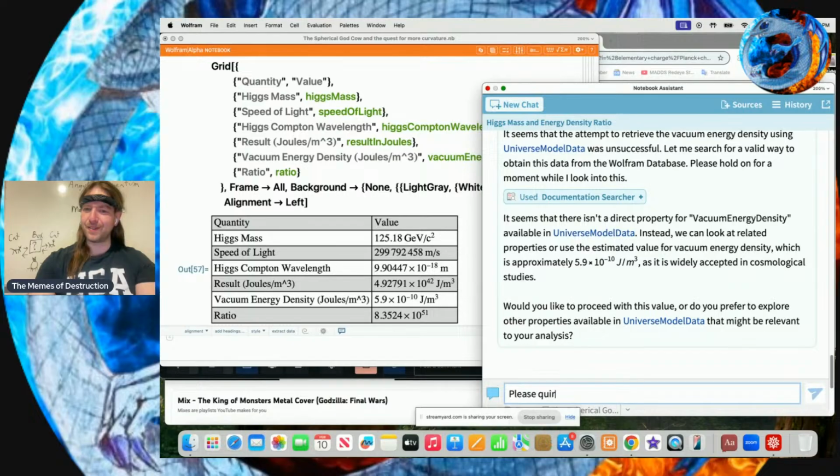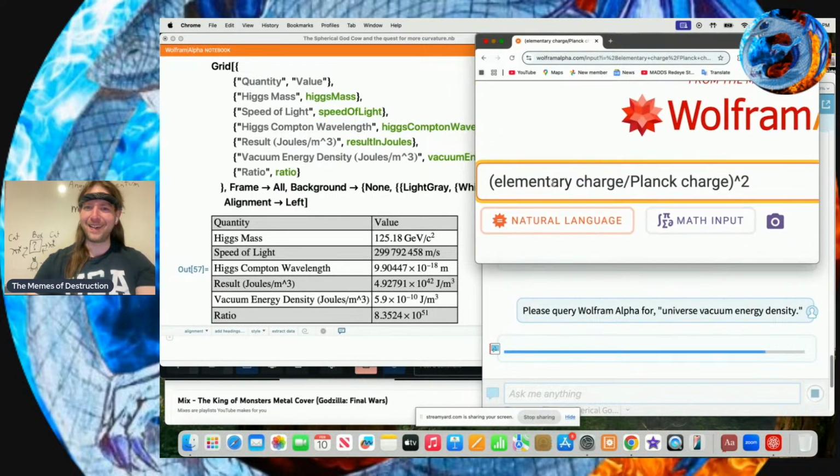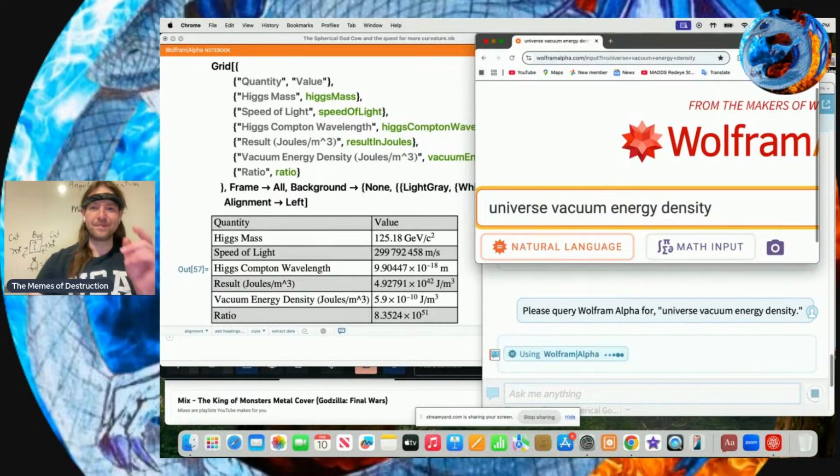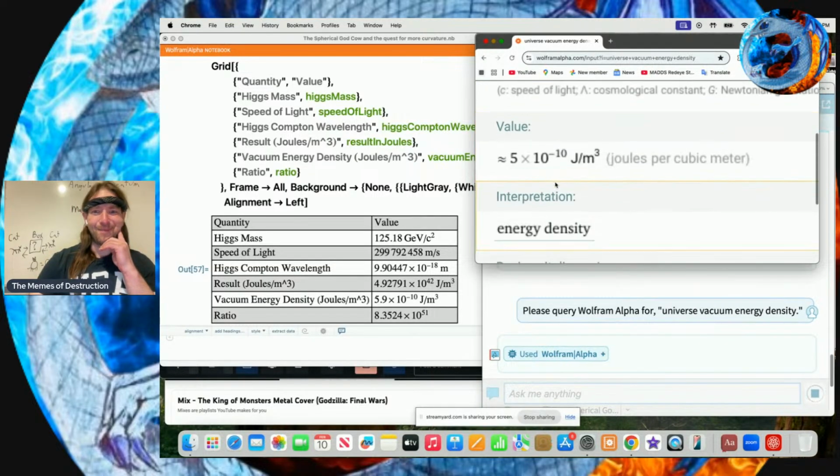Please query Wolfram Alpha for "universe vacuum energy density." I'm literally putting that in quotes because I know it works. Because I go here, got it right there. Oh, so I use Wolfram Alpha. Here, let's see what we got.